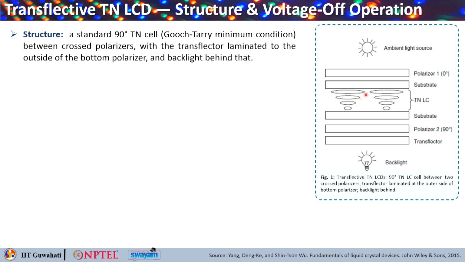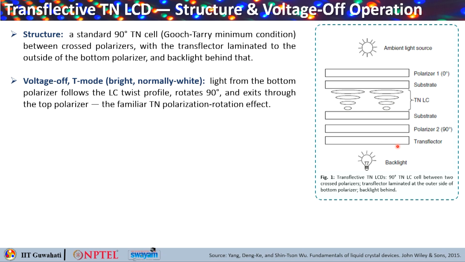Then you have this backlight at the bottom, ambient light source on the top. You also have a transreflector here. The transreflector is basically laminated on the outside of the bottom polarizer, and after that you have placed the backlight.